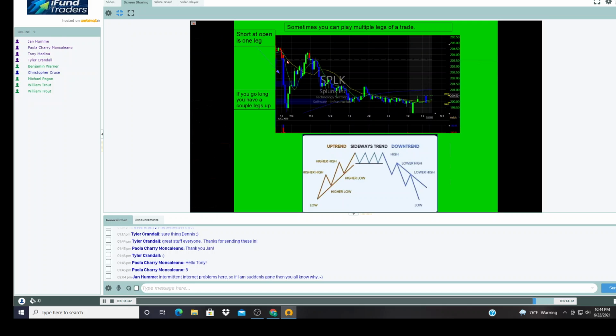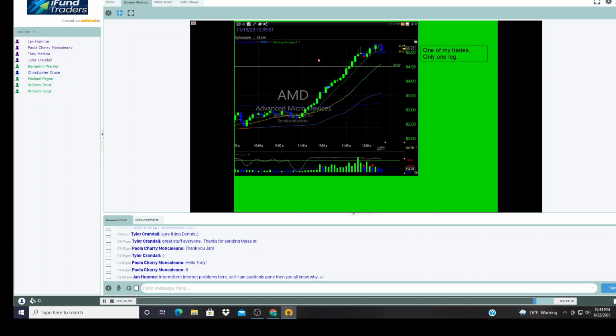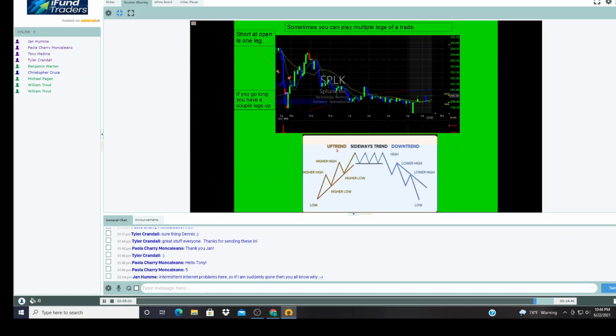So if you go long, then you can have a couple legs. This would be one leg shorting, and one leg up, ribby, another leg. You combine those. We got these trends like I just mentioned. You have the low, higher highs, higher low, higher high, higher low, higher high.